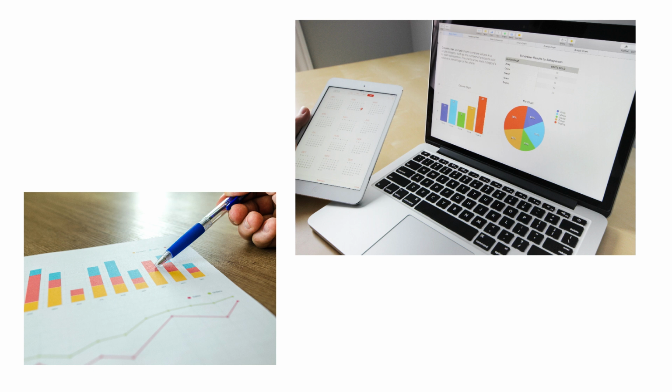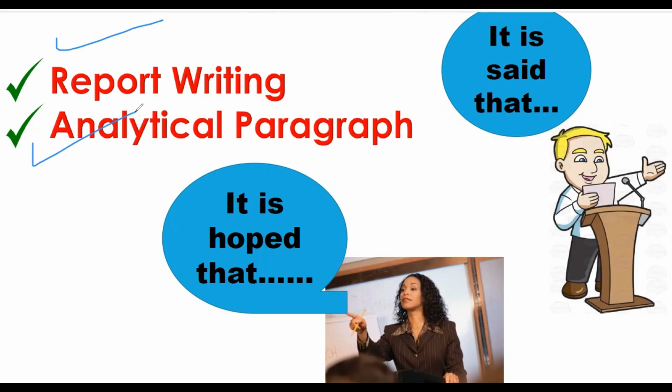So, in these kinds of writing skills, passive voice is more prevalent, and probably that's the reason you will come across sentences like, it is hoped that, or it is said that. So, whenever you come across such sentence structures, it's very clear that these are examples of passive voice.